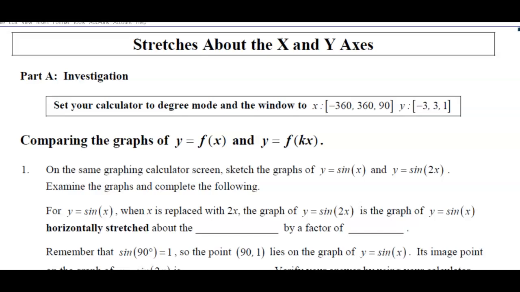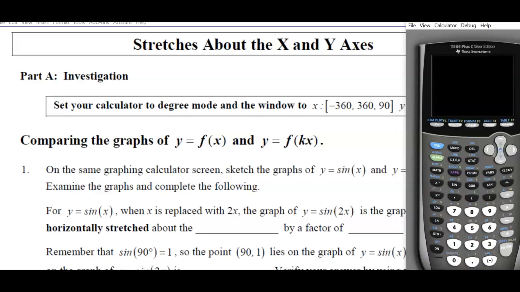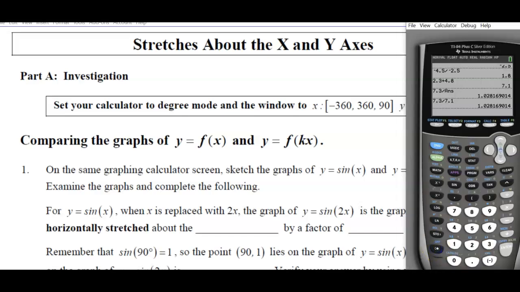Right, so stretch is about the x and y axis. So set your calculator to degree mode and use that window setting. So get out your calculator. I got my good version back. Okay. So, window setting. 60.